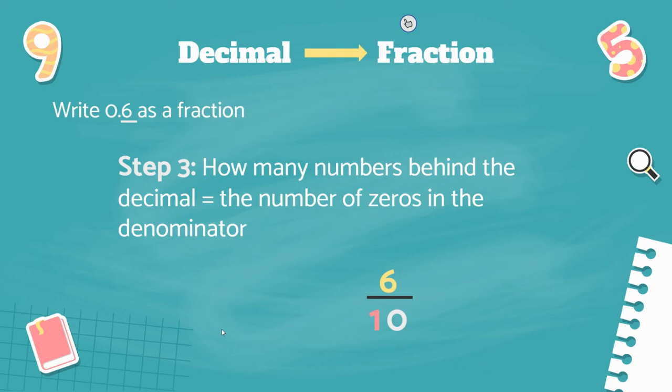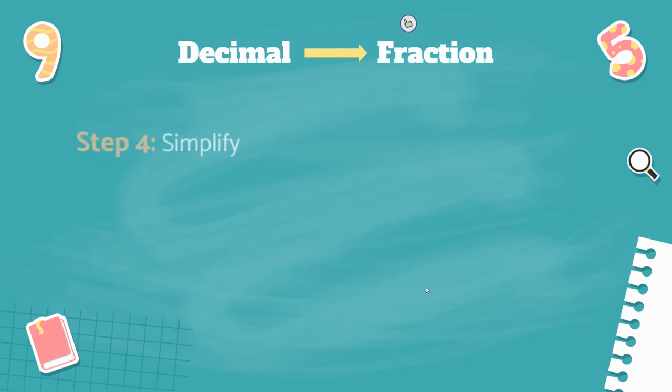And your last step is always your last step when we have fractions or ratios or rates or anything written with a numerator and a denominator, and that is to simplify.